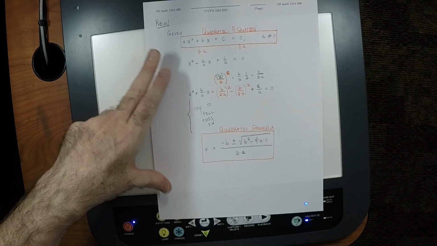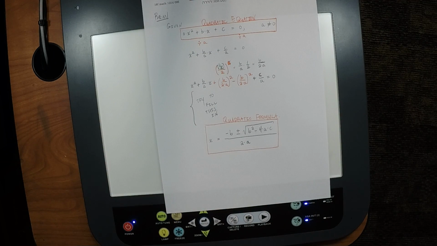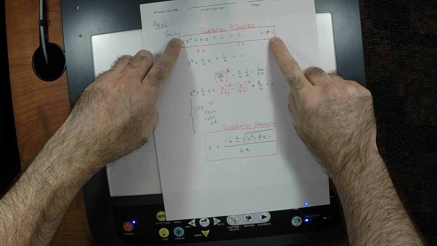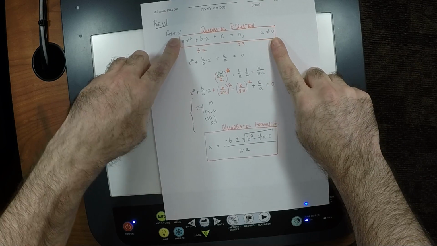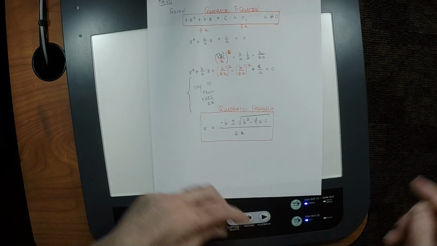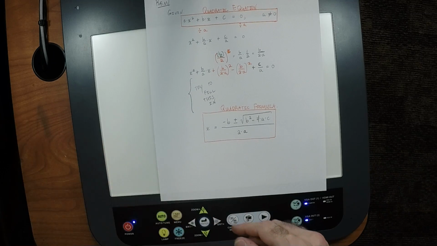Once you know what the formula is, you just plug in the values for a, b, and c, perform arithmetic, and then you have the answers. This is called a quadratic equation because there are infinitely many of them, but this is the quadratic formula. It is a formula by which you can compute the solutions.